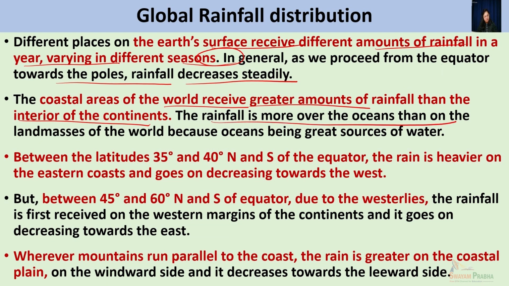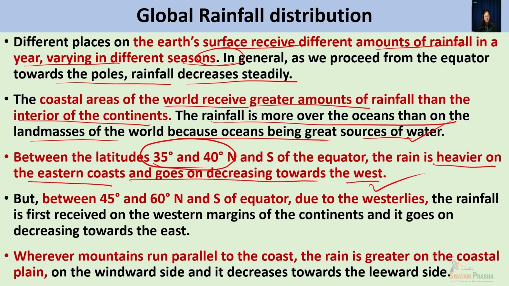The rainfall is more over the oceans than on the landmass of the world because of being a greater source of water. Between the latitudes of 35 to 40 degrees north and south of the equator, the rain is heavier on the eastern coast and goes on decreasing towards the western coast, mainly because of the predominance of trade winds in these particular areas.